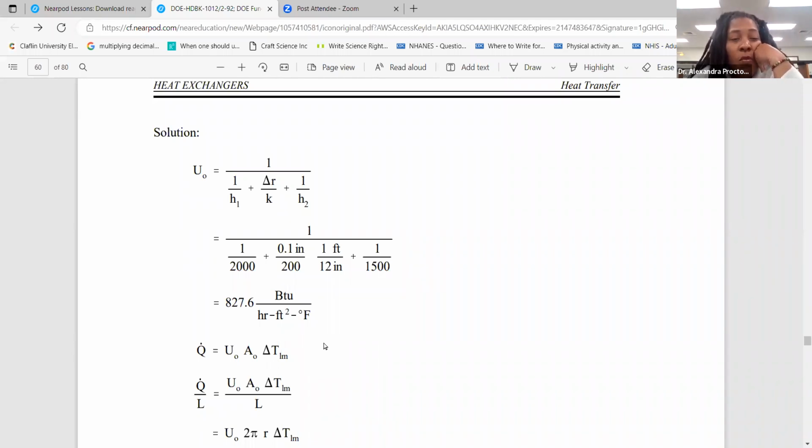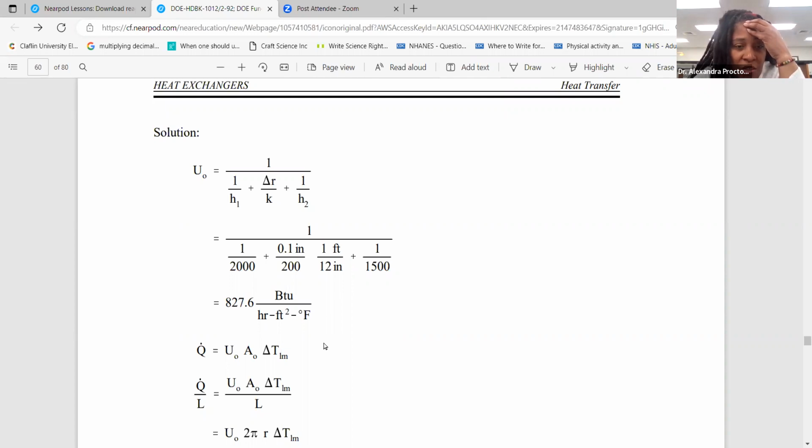So 1 divided by 1 over 2000 plus 0.1 inch over 200 times that conversion factor, there's 12 inches in a foot, plus 1 over 1500 gives you a U0 of 827.6 BTU per hour foot square degree Fahrenheit.